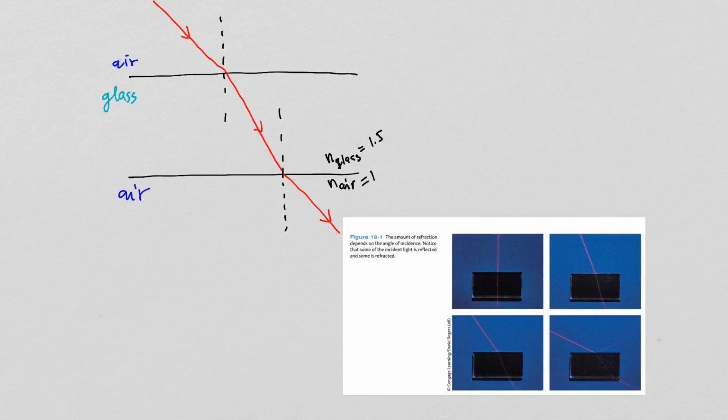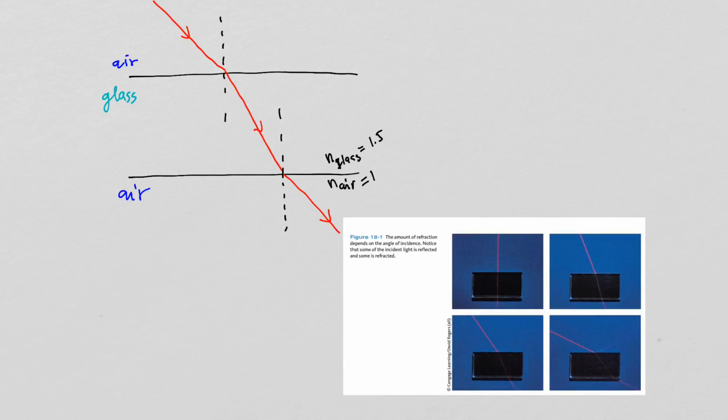As I increase the angle of incidence, that will also increase the angle of refraction inside the glass. Still, the direction of propagation, or the angle of refraction, is smaller than the angle of incidence. The light bends towards the normal.